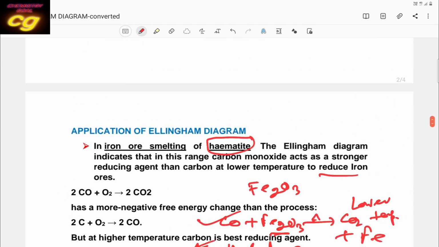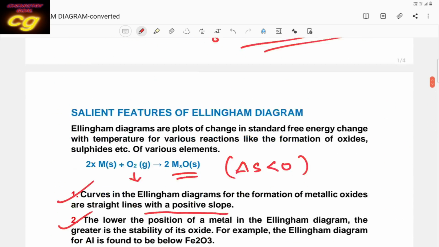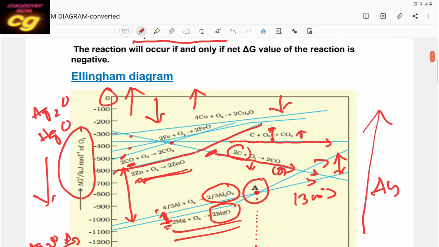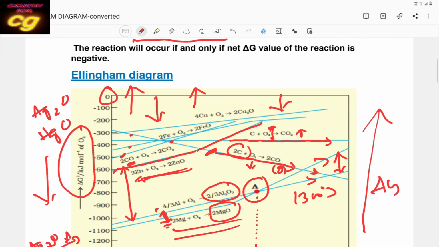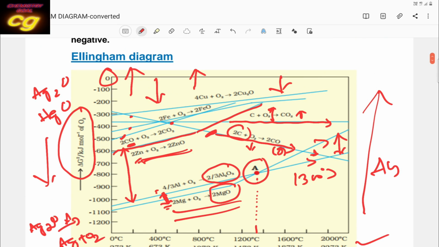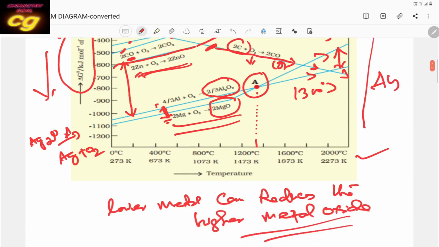If you see the graph, this is very important. The chromium graph is not given here, but the chromium graph is coming above compared to carbon. So from the nature of the graph, carbon can reduce it, but practically it is not possible.